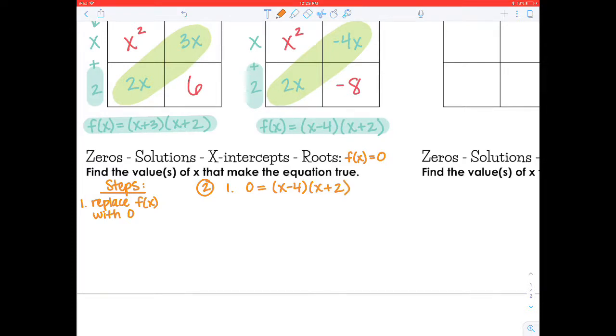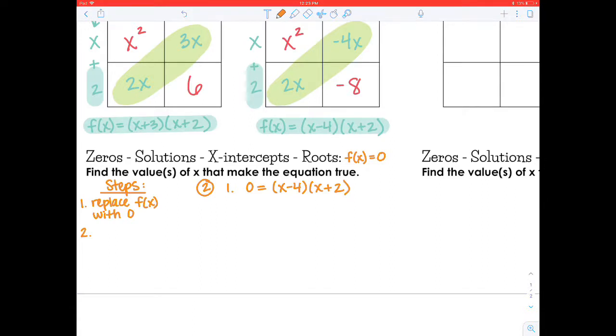Okay, so now this is an equation equal to 0, and this is showing that basically one number times another number equals 0. Well, there's only one way for that to happen. Remember, in order for something to be multiplied together and equal 0, one of these binomials must be equal to 0. Okay, so that's going to help us with our step 2.